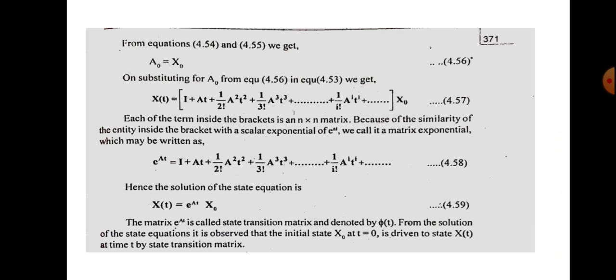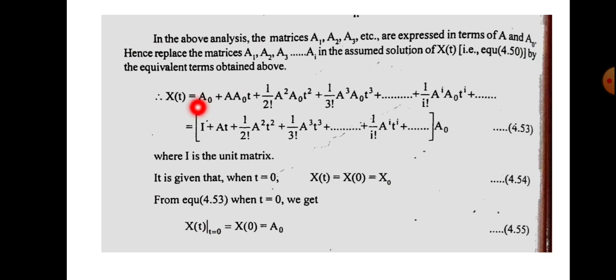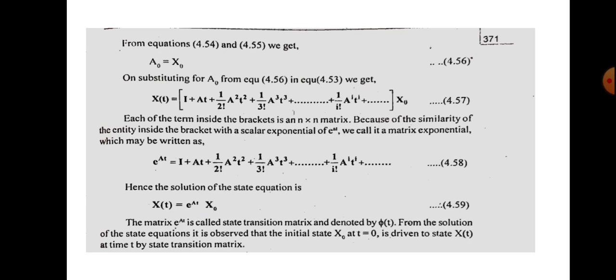So you can make substitutions, like we have x of t in this form, right? You have obtained that x of t equal to this term, and this is what is written here. x of t equal to this term, and this will be similar to e raised to x term. Instead of x you are getting At, so you can write this term as e raised to At.